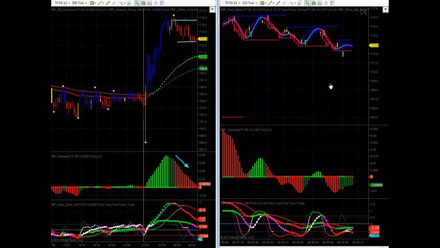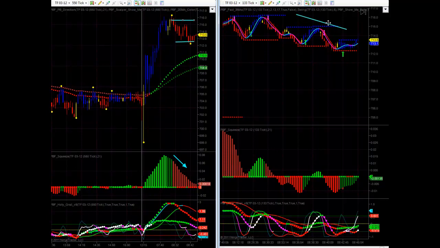Okay, so I'm just going to give this a little room. We're also seeing lower lows, and for the most part, lower highs. But again, let's give this some time.